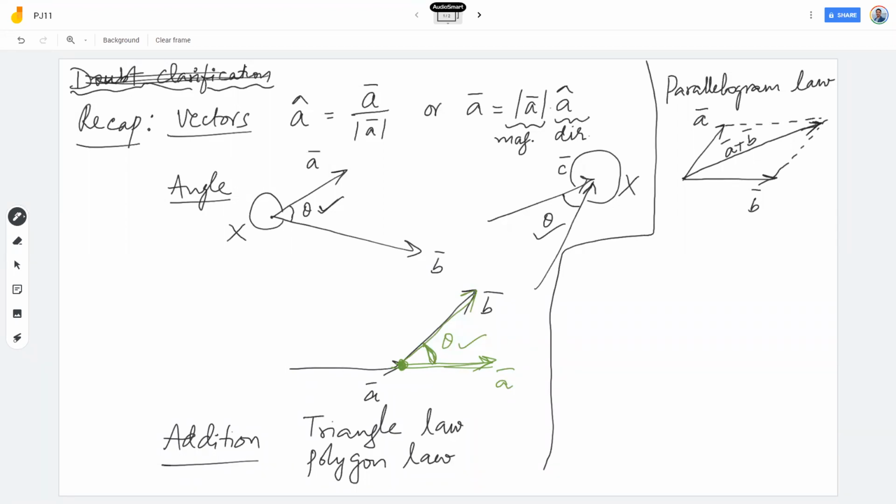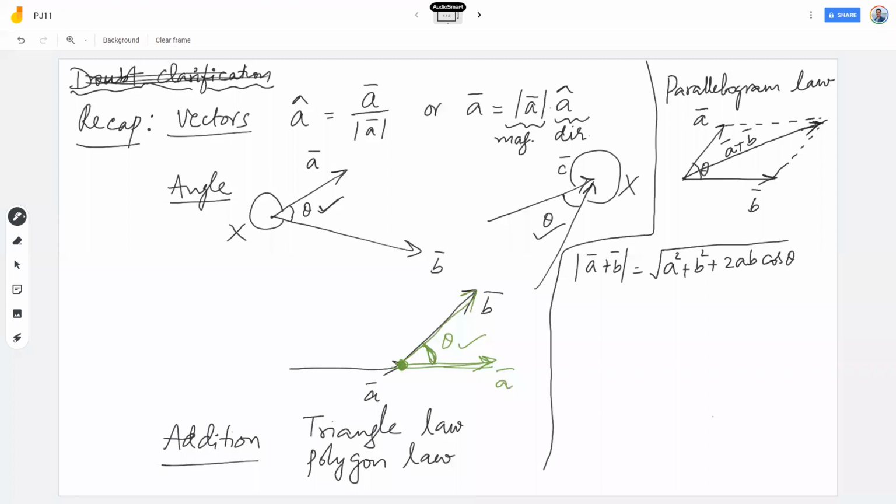And using parallelogram law, we also saw the formula for magnitude of resultant. If the angle between a bar and b bar is theta, and the magnitudes of a bar and b bar are a and b respectively, then magnitude of a bar plus b bar is equal to root of a square plus b square plus 2ab cos theta.